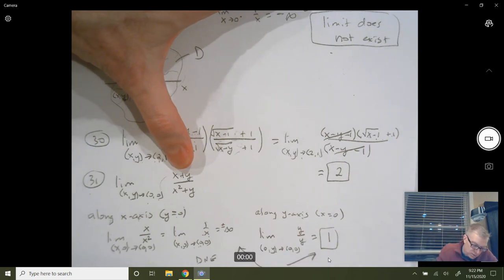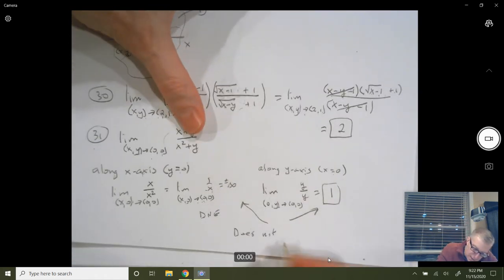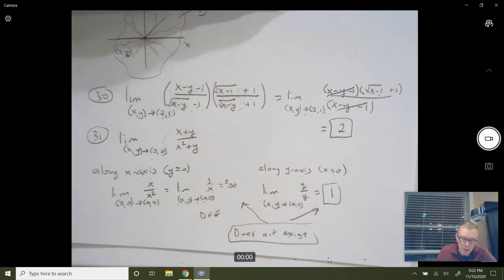Okay, so your limits don't match, and so you can now say that your limit does not exist. As long as you find two paths that give you a different limit, you know that the limit doesn't exist.